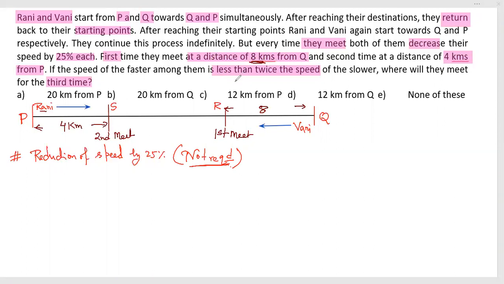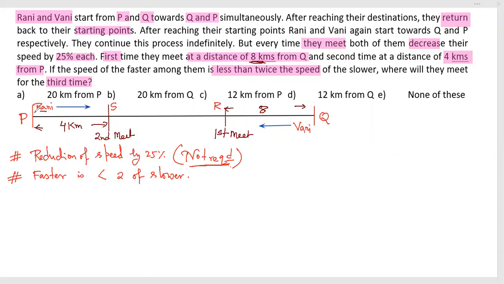Then our next important point: the faster speed is less than twice the slower speed. Now, what does it mean? Let me consider that Rani is the faster.